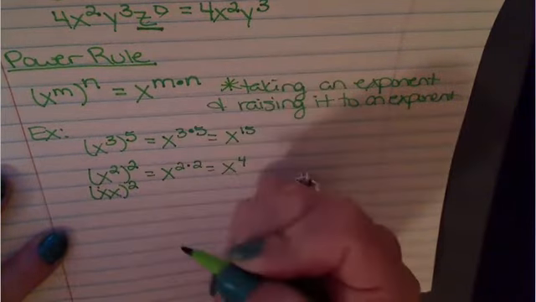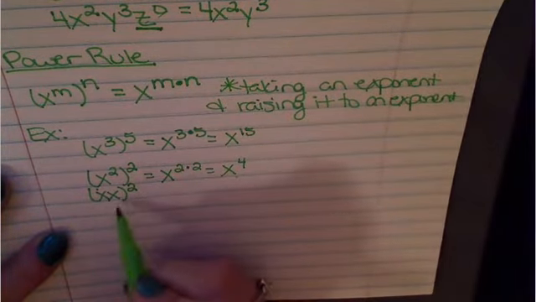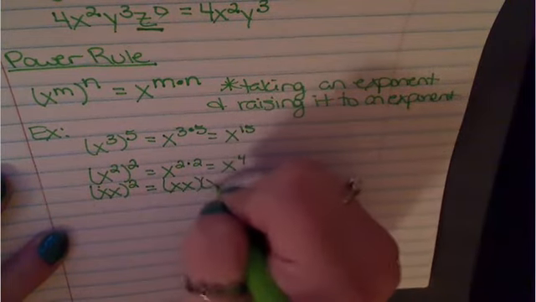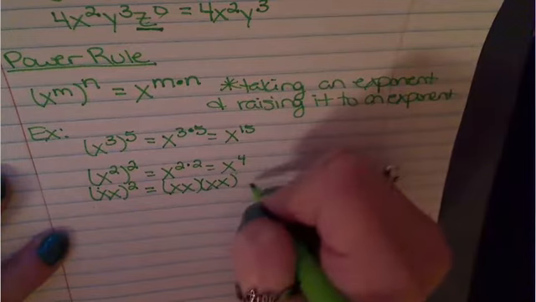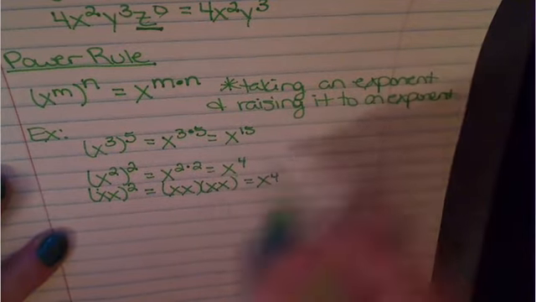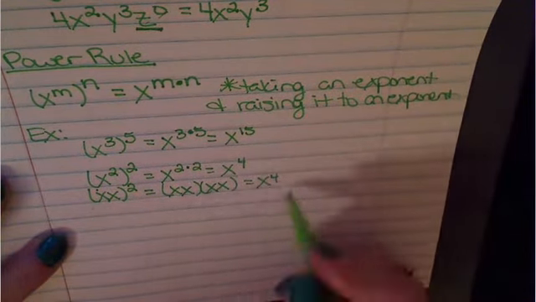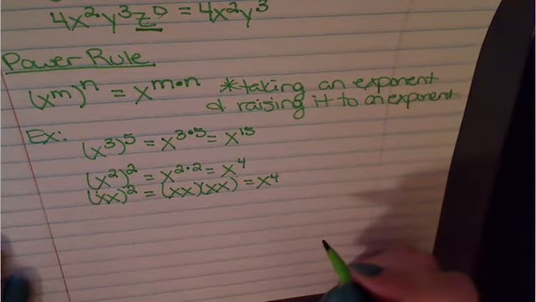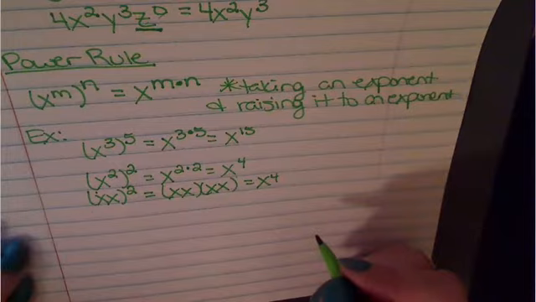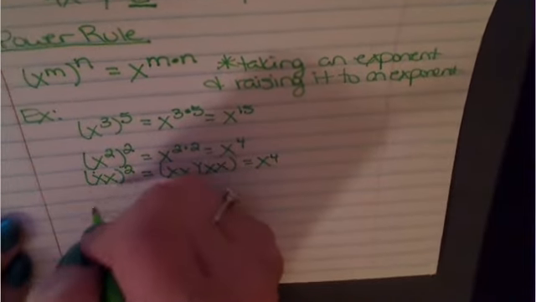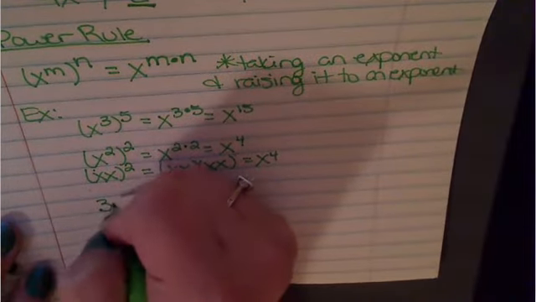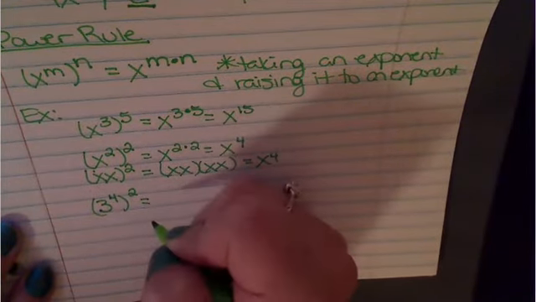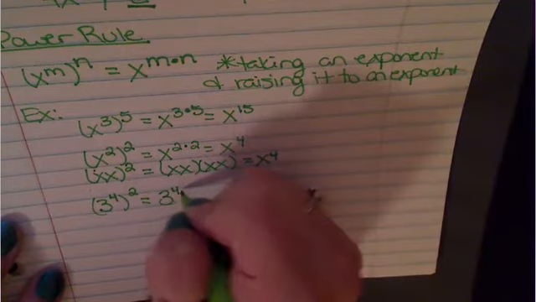That would be xx, xx, and if you add up all those x's, you get x to the fourth. So this is why all of that works. Let's do another one. You can do this again with numbers. You can have 3 to the fourth and have all of that raised to the second power. So that's 3 to the fourth times 2. 4 times 2 is 8, so you have 3 to the 8th power.